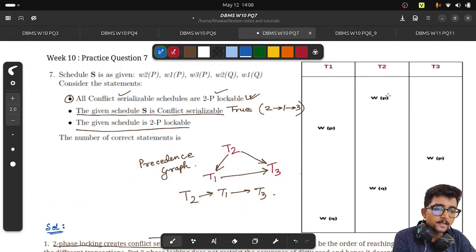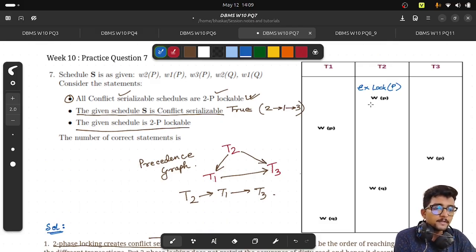So there I have WP, which is the first instruction in the timeline. So writing P, right? In order to write P, I must have an exclusive lock on P. I am writing X lock, okay? Exclusive lock on P. Once I have an exclusive lock, then I can write.